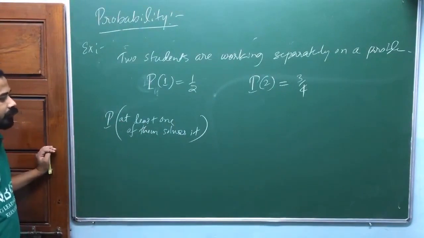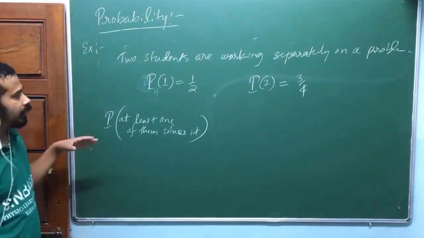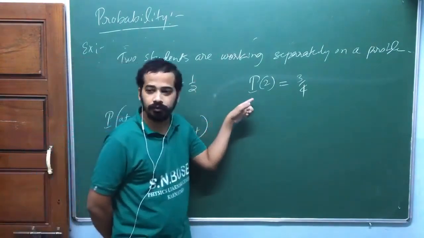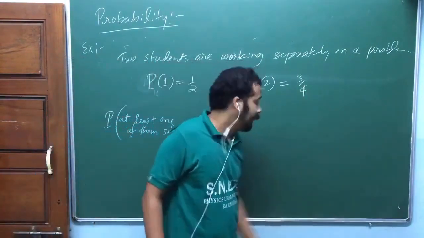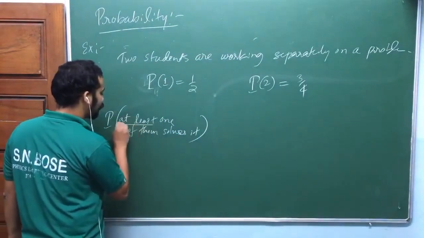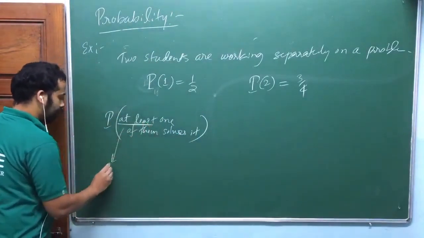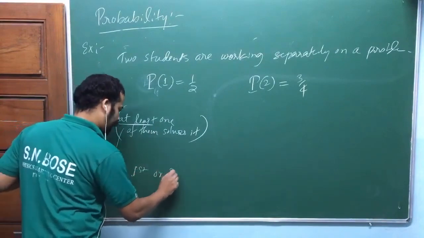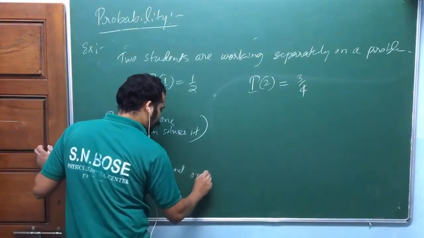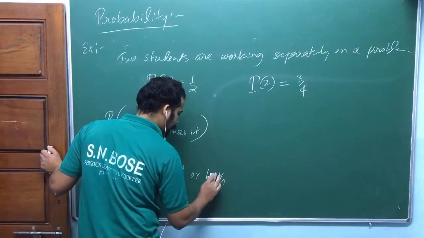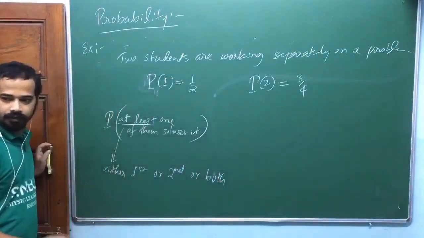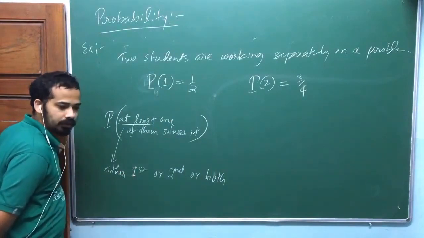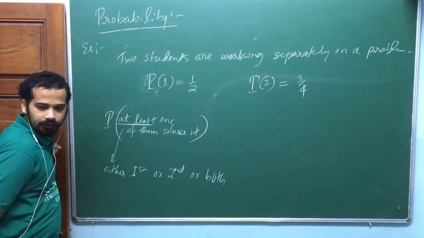At least one of them solves it. That means the probability that either the first student solves it or the second student solves it or both of them solve it. This "at least" word contains this. What is this? Either the first student or the second student or both students, isn't it?